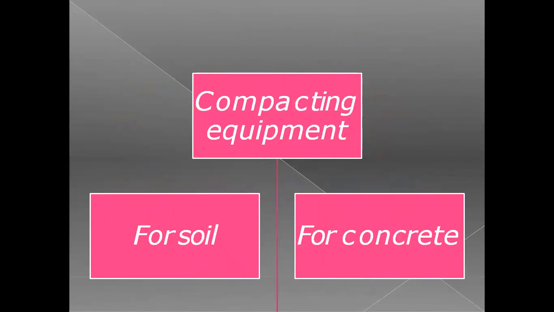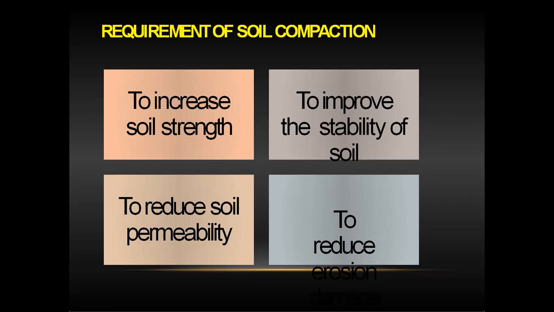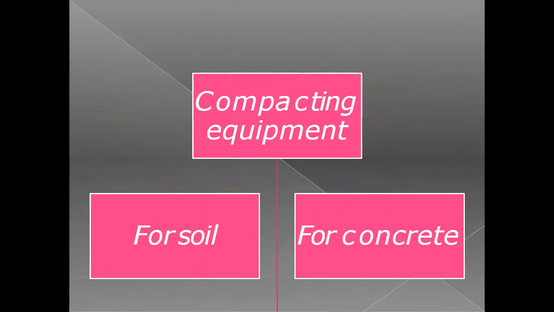Before compaction, we don't have much soil strength compared to the compacted soil. The stability of the soil increases, erosion damage can be reduced, and the permeability, the water percolating through the soil, can also be reduced by compaction.